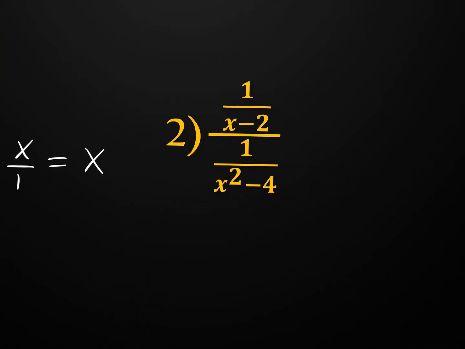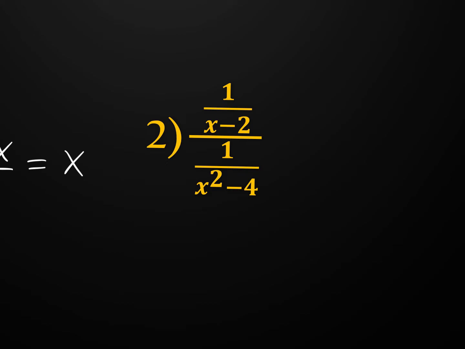Still not too bad. This is my main fraction bar here. So again, I'm doing 1 over x minus 2 divided by 1 over x squared minus 4. So here again is that division.